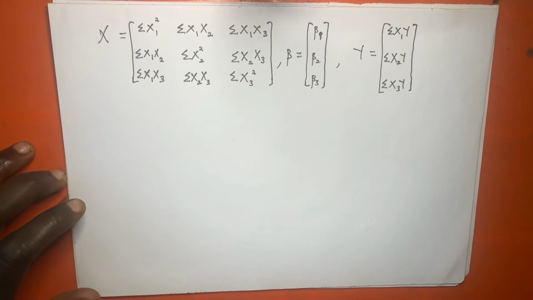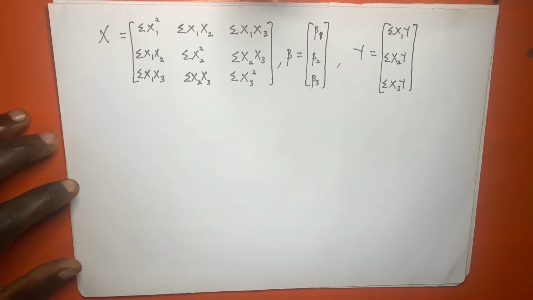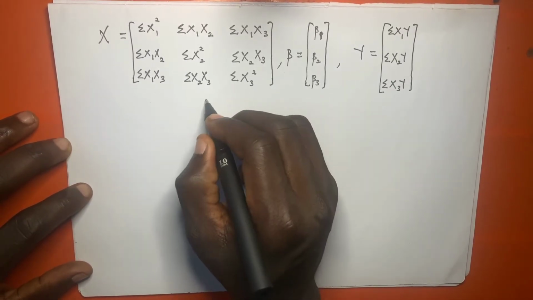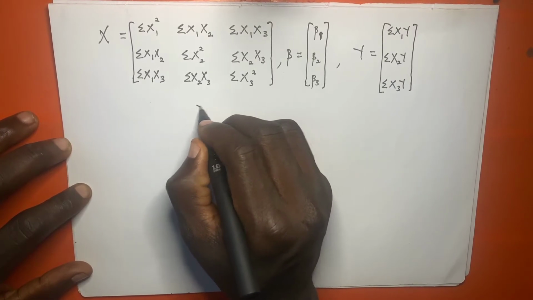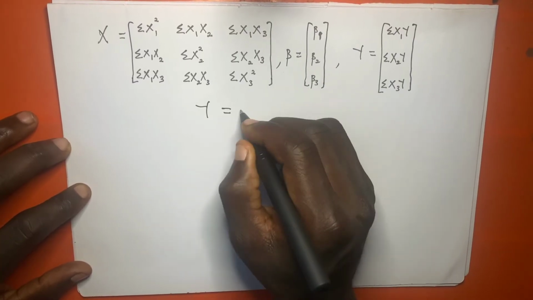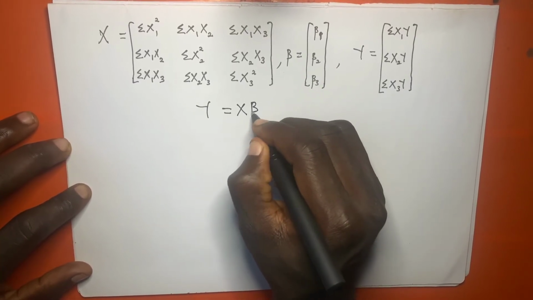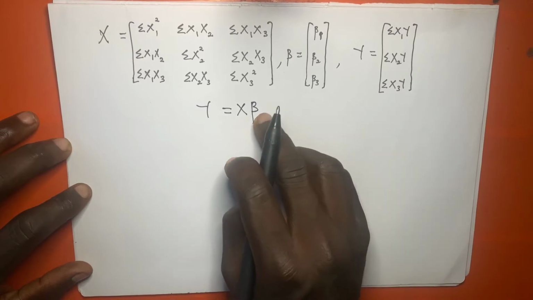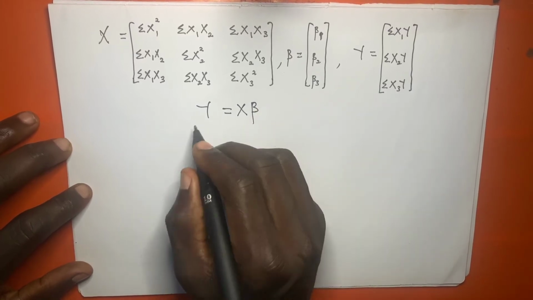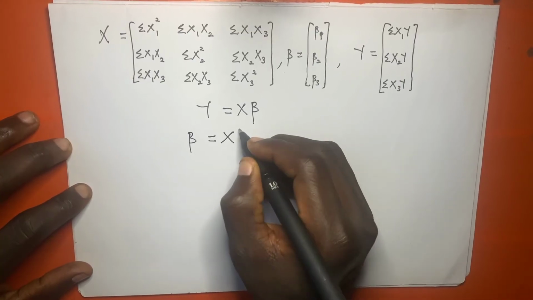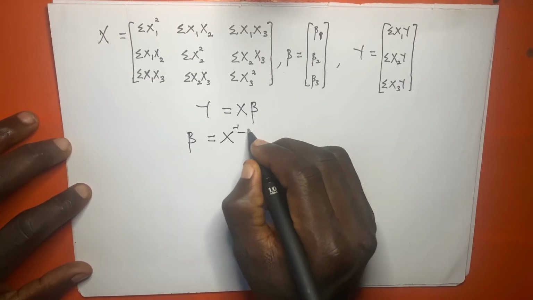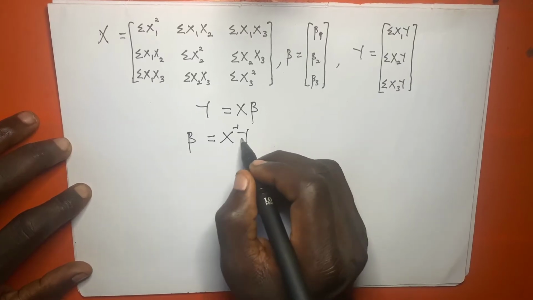All right, so the next thing to do, if we remember, from our equation, y equals x beta. If you make beta the subject of the formula, we're going to have beta equals x inverse y.